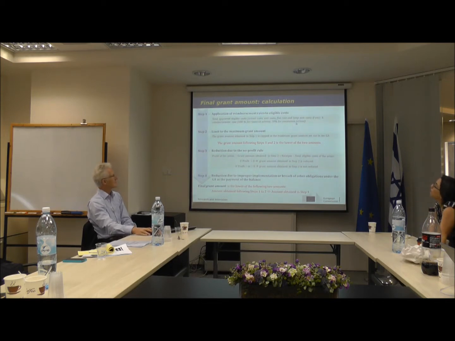What happens at the end of the project to actually calculate how much money we are due, or you are due, depending? Of course, first you report all your eligible costs, and then we apply the reimbursement rate to the eligible costs. So we multiply by 1 or by 0.7, depending on the type of the project.